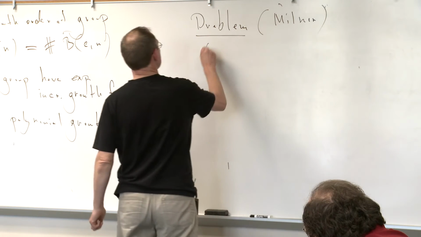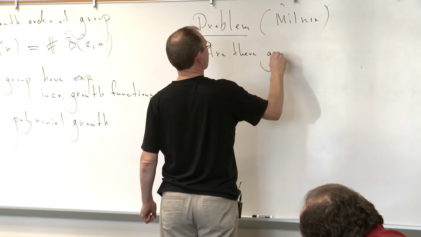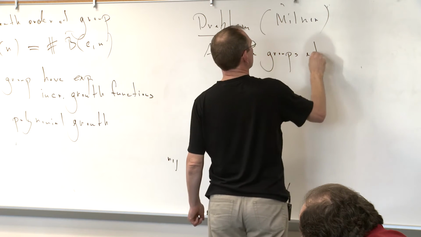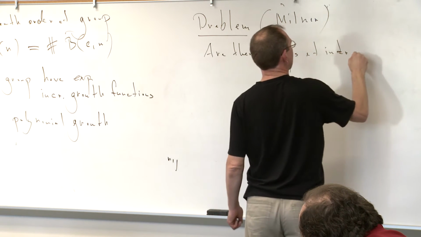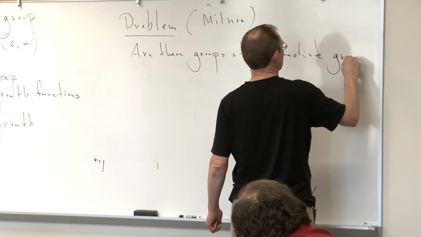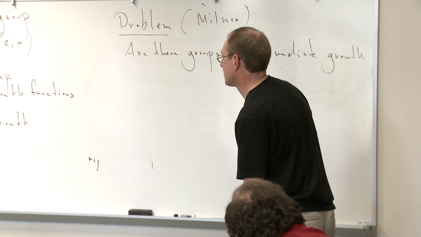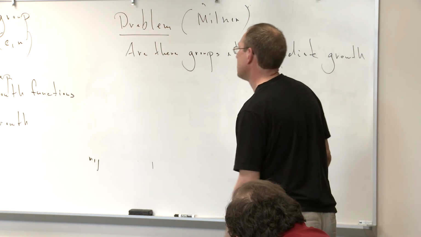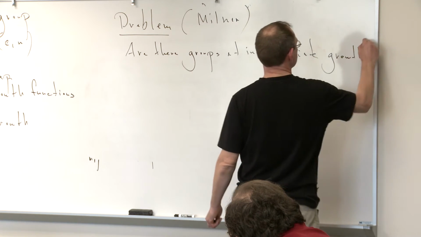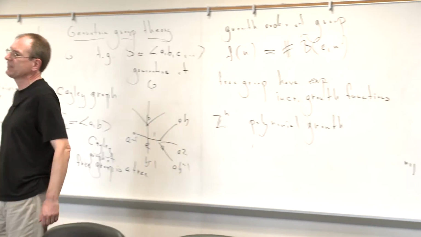So are there groups of intermediate growth? This is the name for it. So groups where the growth rate is not quite as fast as exponential, but super polynomial. And this was an open problem for decades.